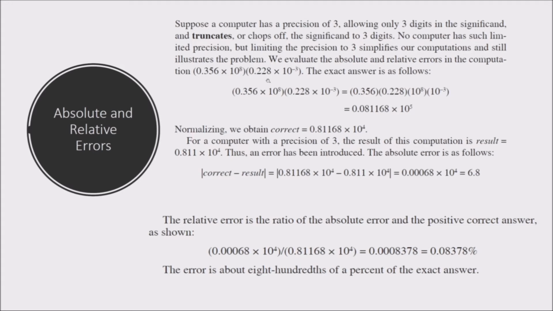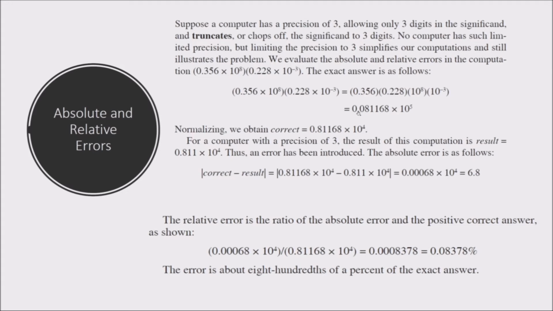Okay, so here it is. I'm multiplying 2 numbers here. If you multiply these 2 numbers, this is what you get, right? This is the value you get, and I want to store this. If you want to store this value, first thing you do is normalize it. How do you normalize this?